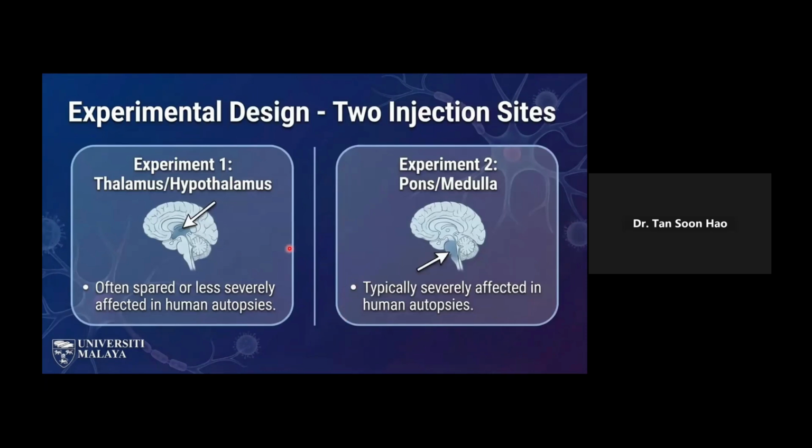One is the thalamus. The second one is the pons medulla. In human autopsy cases and in our mouse model, you often observe that the pons medulla is heavily affected or heavily infected by the virus in the CNS, whereas the thalamus or hypothalamus is often spared or less severely affected in both humans and the mouse model.